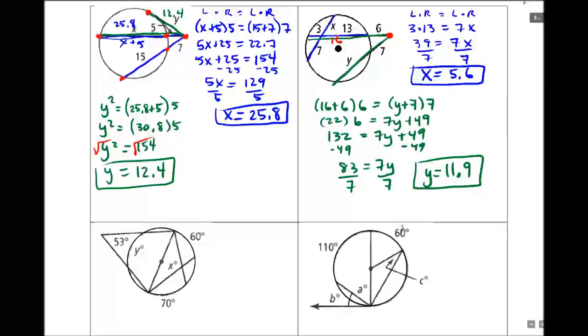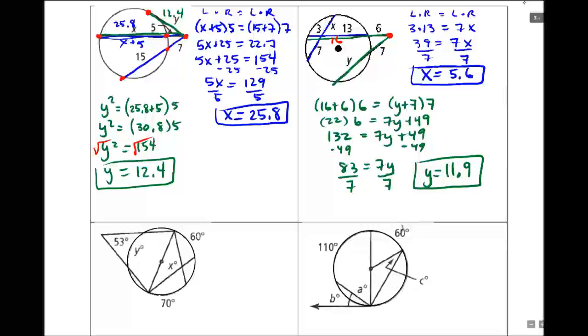So from the point to the left point is x plus 5 times to the right point is 5, and the bottom line is 15 plus 7 times short one is just 7. Just do my multiplication, opposite operations, and I get x equals 25.8.